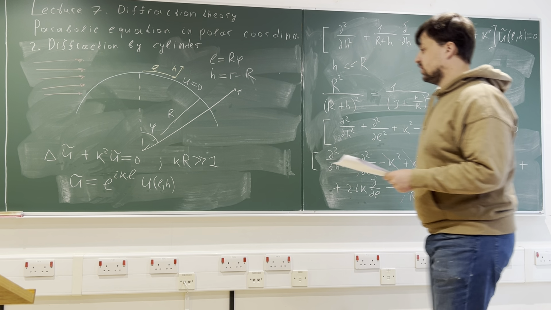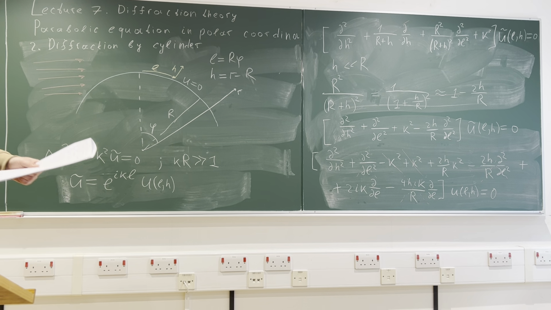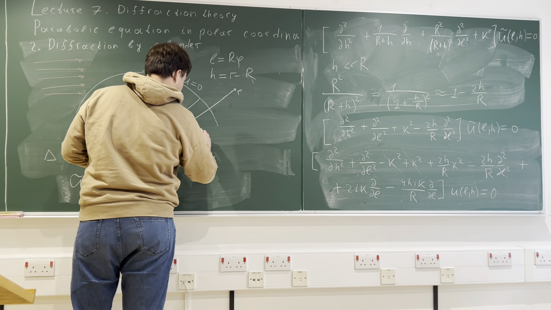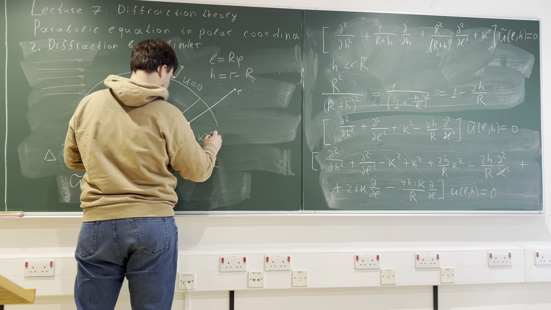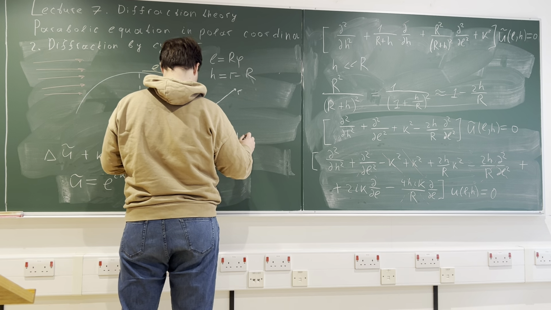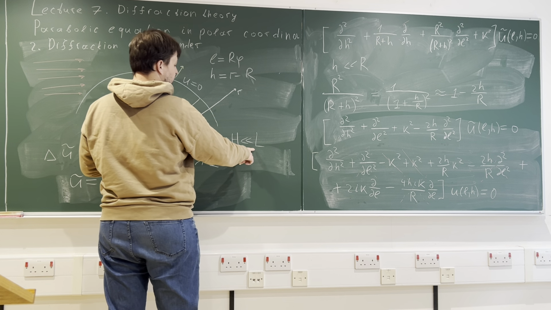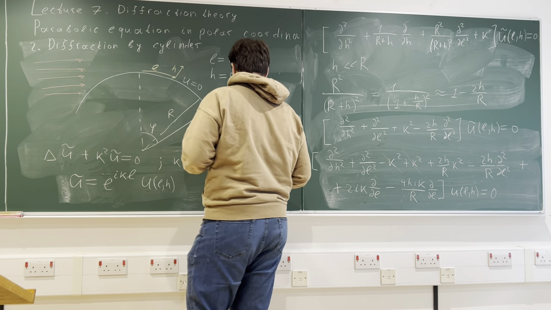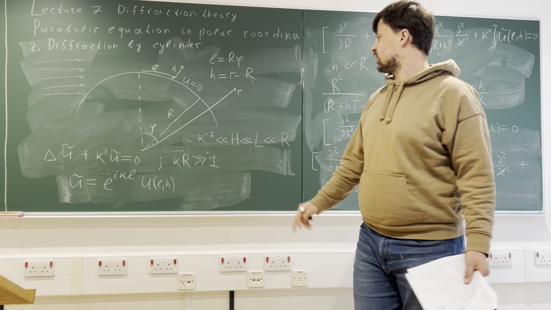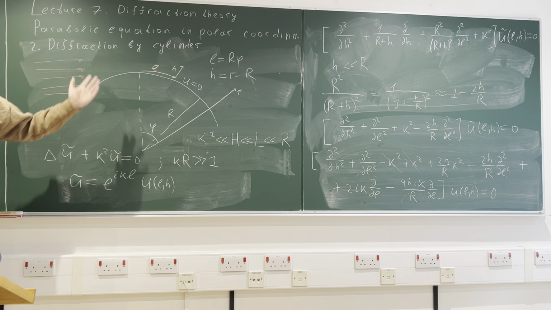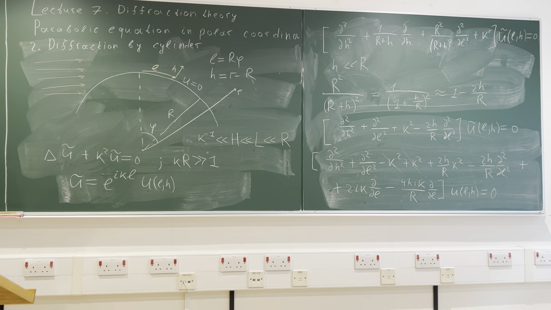To make this more formal, I used the following estimates: k minus 1 is much less than h, which is much less than L. And here H and L are some characteristic scales in lateral and perpendicular direction to the surface of the cylinder.